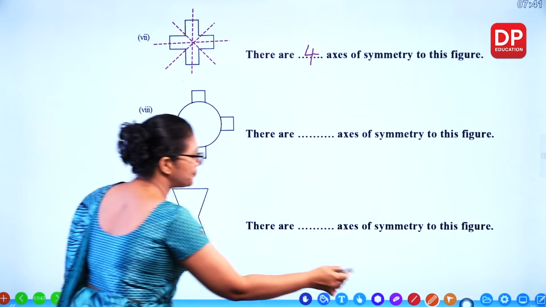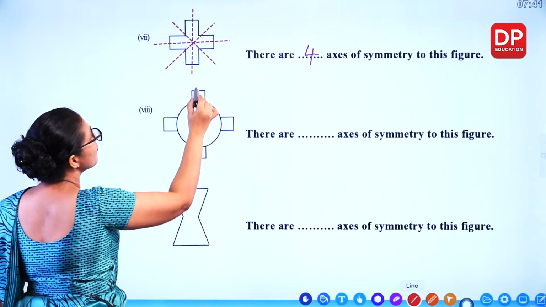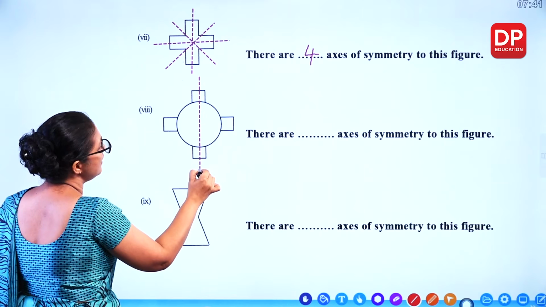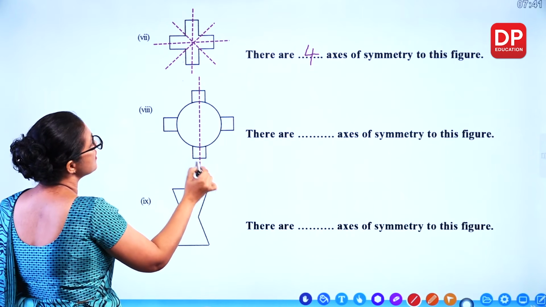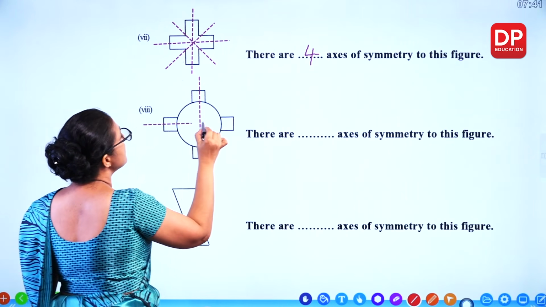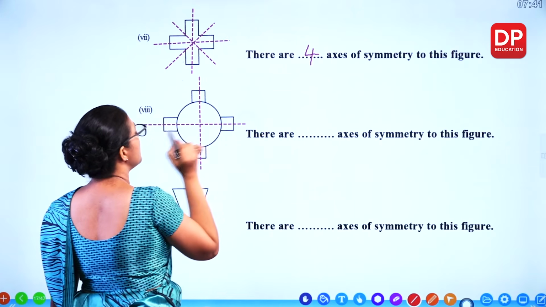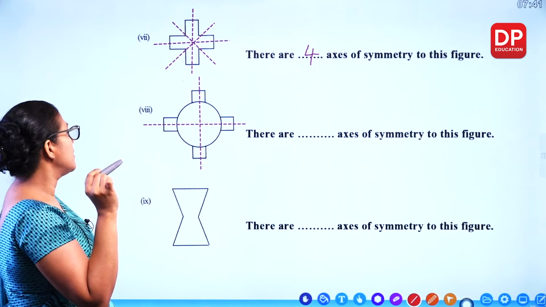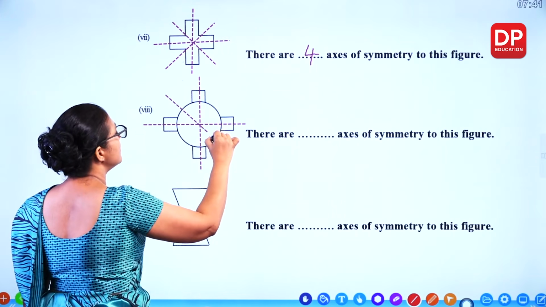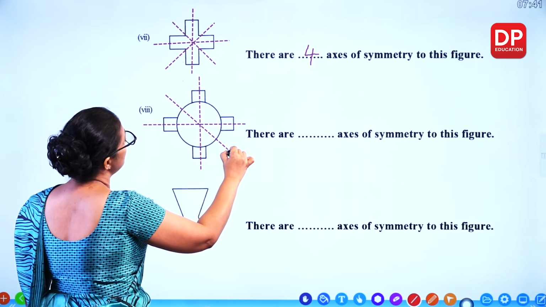This one, you can draw a line here. This is not just a circle. So you get a few axes of symmetry. This one is possible, and here also possible.